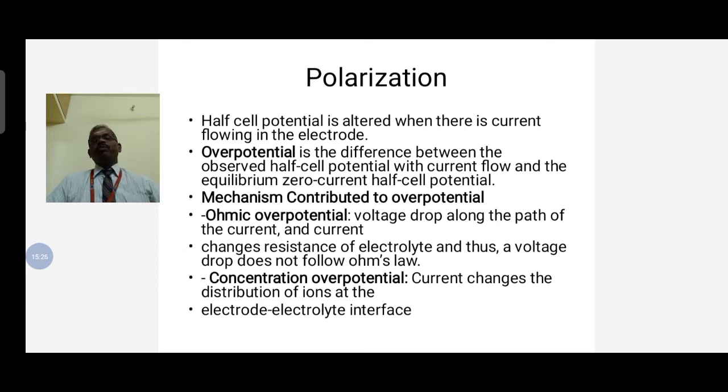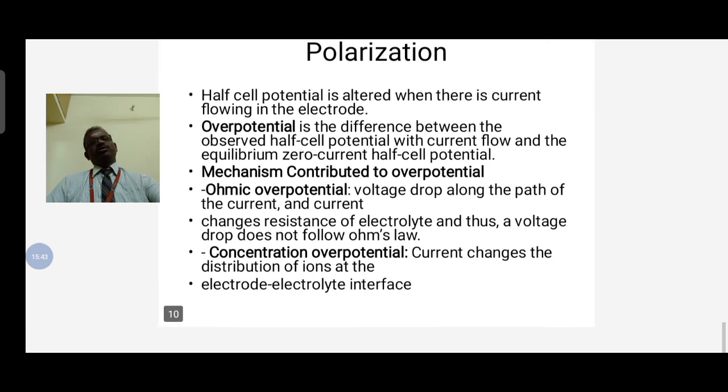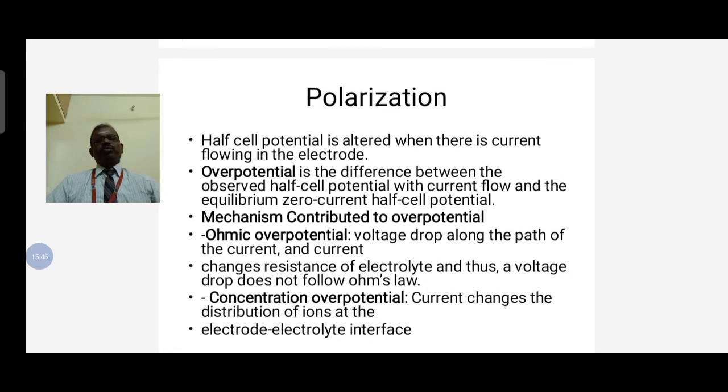How is it determined, along with the polarization? Polarization is nothing but repolarization and depolarization of muscles. That is called polarization.